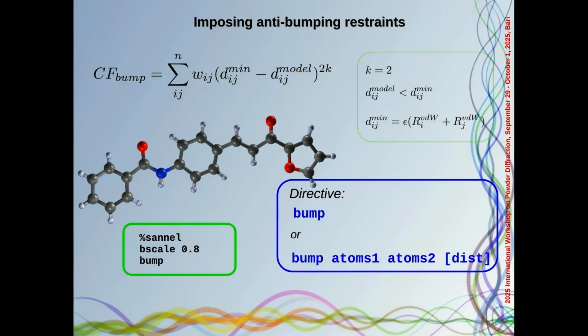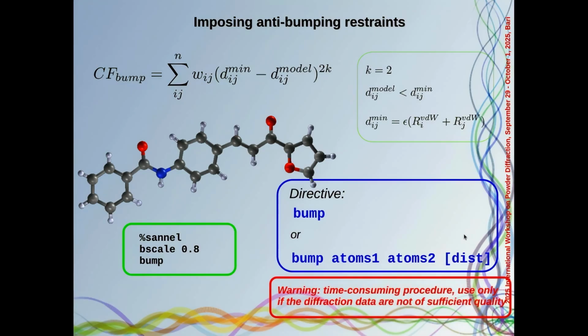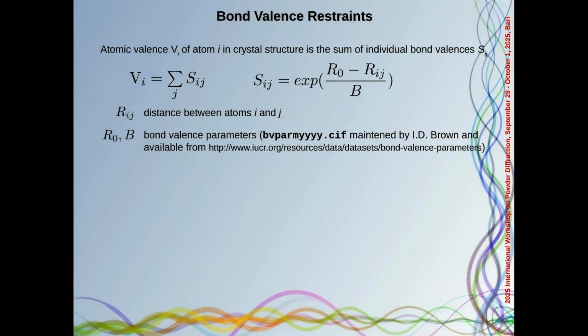Or you can specify the atoms or group of atoms. And remember that this is a time-consuming procedure, so you have to use this restraint only if you know that you need it, in particular when the quality of diffraction data is not of sufficient quality.